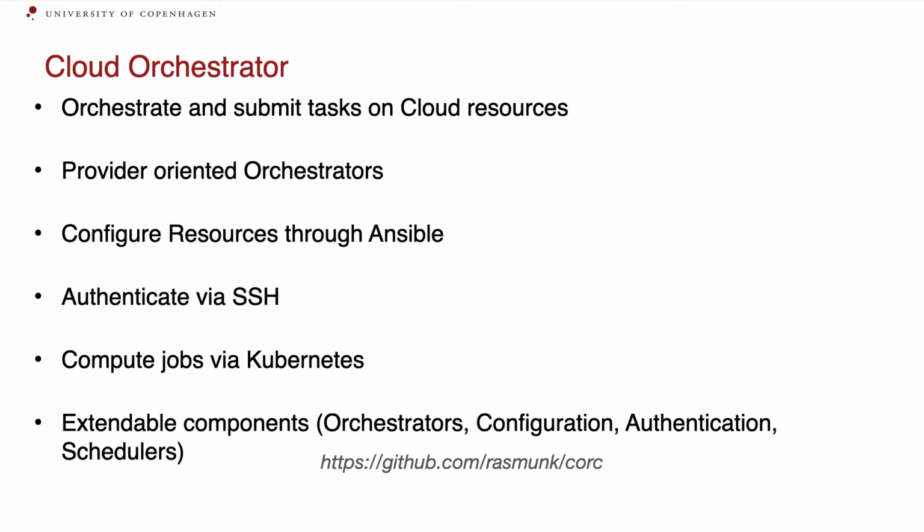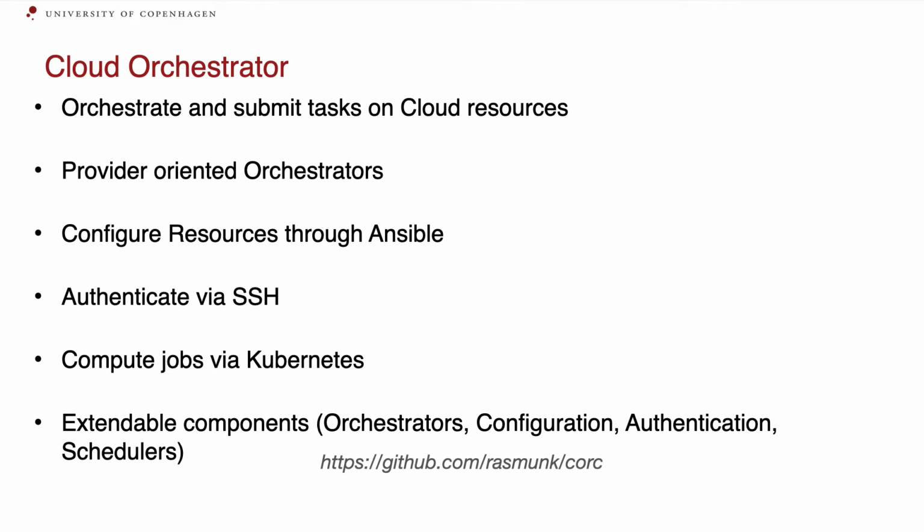So the Cloud Orchestrator enables us to both orchestrate a resource, such as either a virtual machine or a container, or it enables us to submit tasks on those cloud resources that have been orchestrated. So it is oriented towards supporting potentially many different providers. It's extendable in that way.